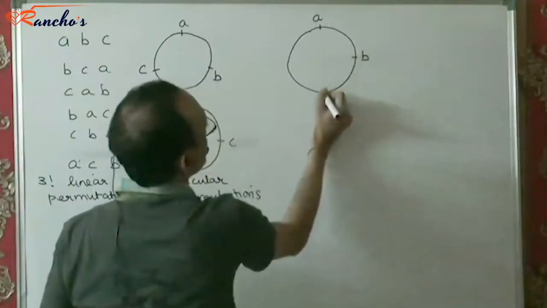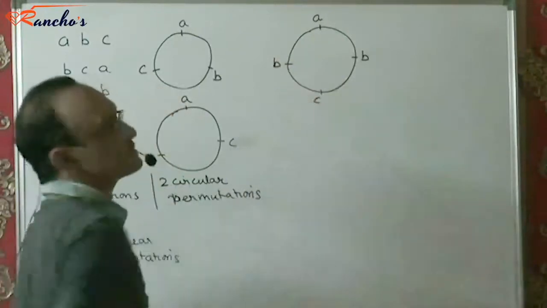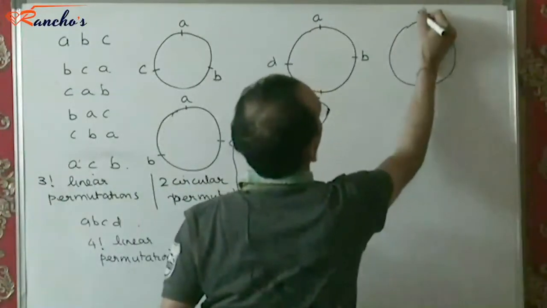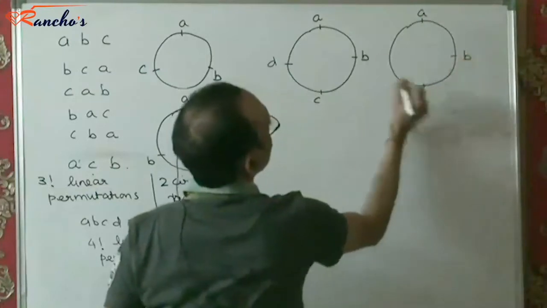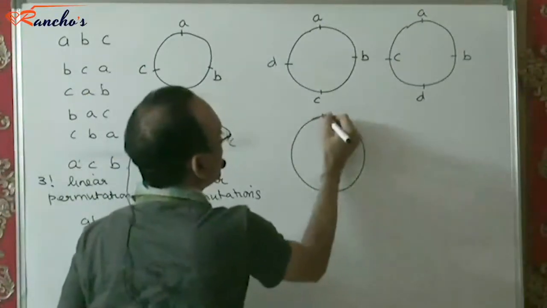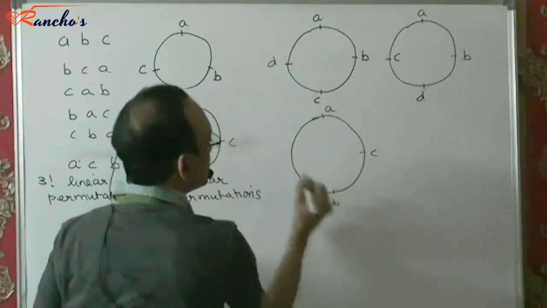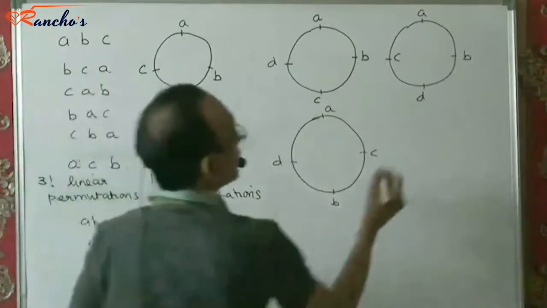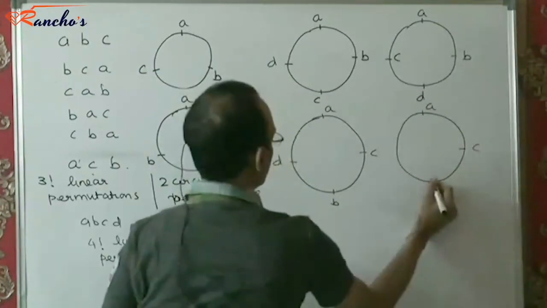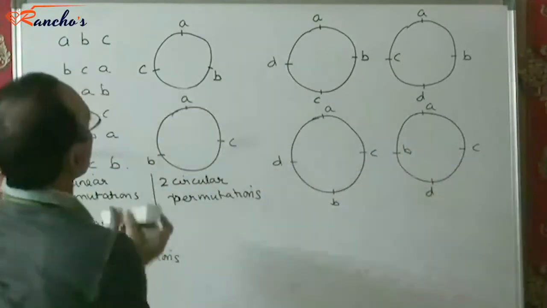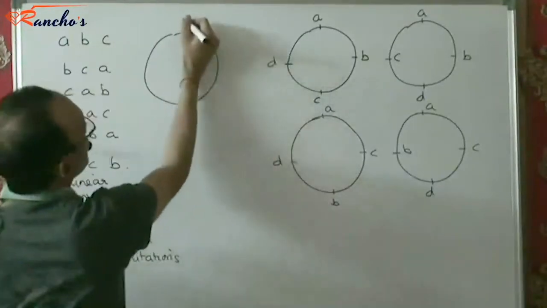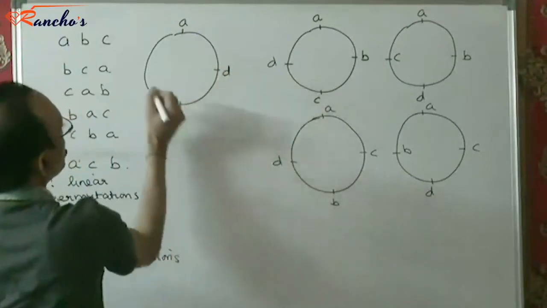So there could have been A, B, C, D like this, or A, B, D, C like this.